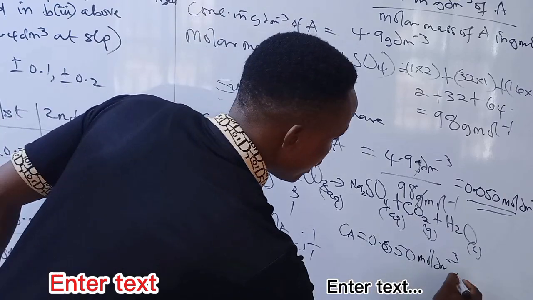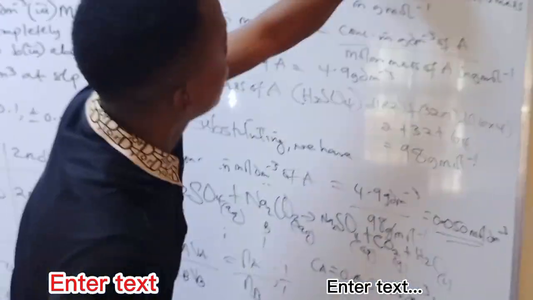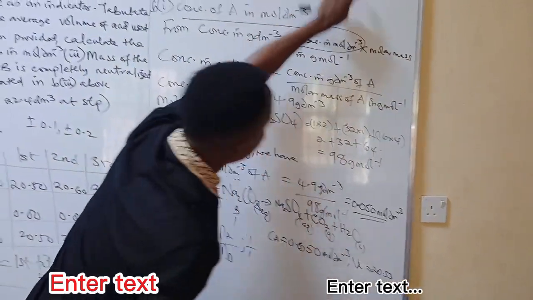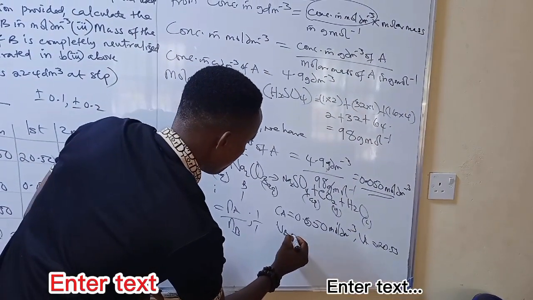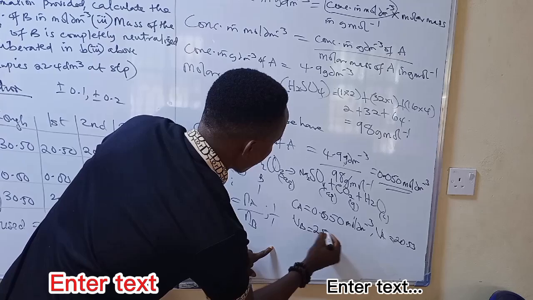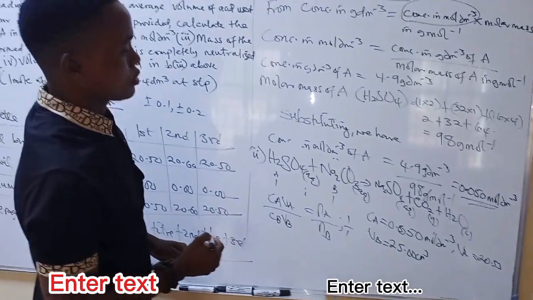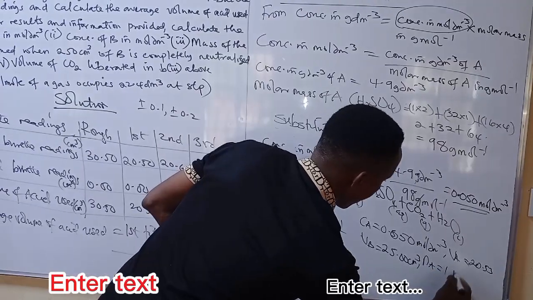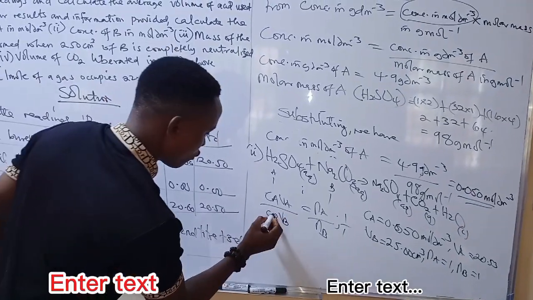Our VA, from our table, we got to be 20.53. Our VB is 25.00 centimeters cube. Then NA is equal to 1, NB is equal to 1. Yes, CB is what we are looking for now.